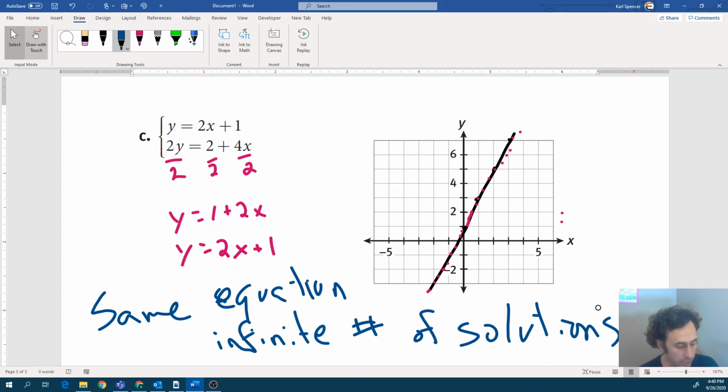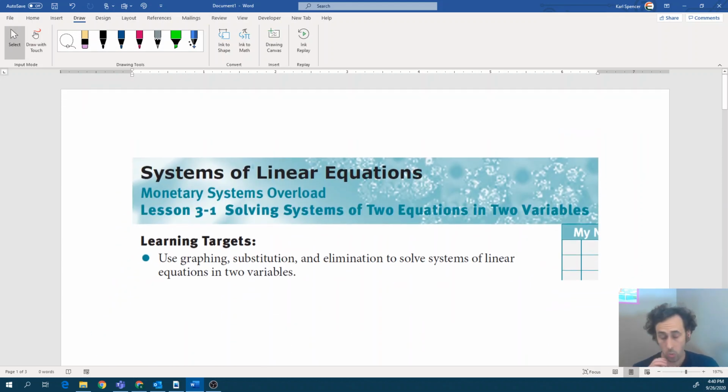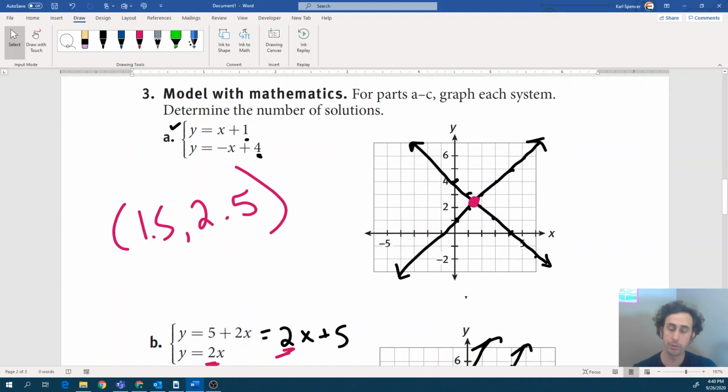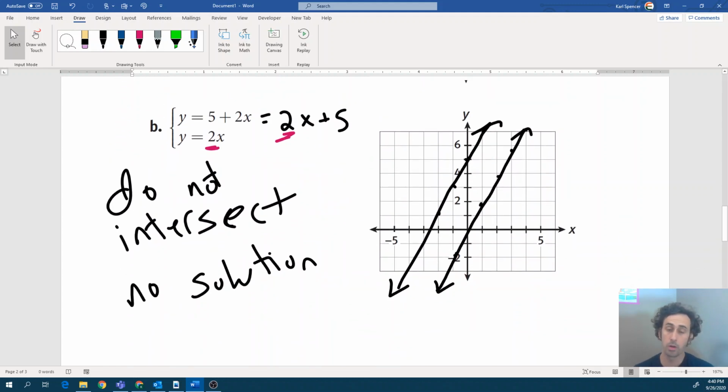So for our first video in this series on solving systems of equations, what we're just looking at is how many solutions are possible. It's possible our two equations cross once. The two lines cross, and so there's one solution. It's possible that the two lines never cross, so there are no solutions.